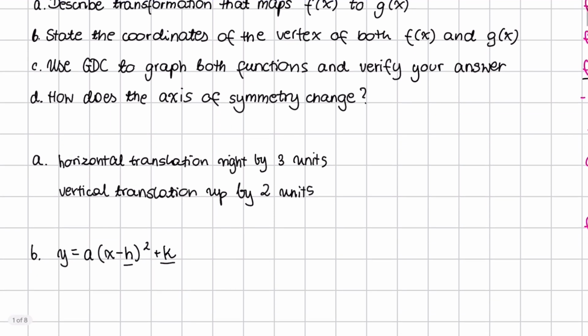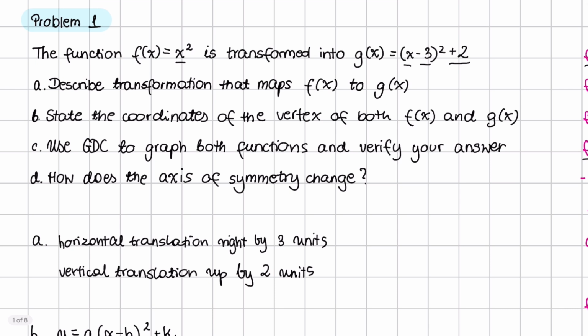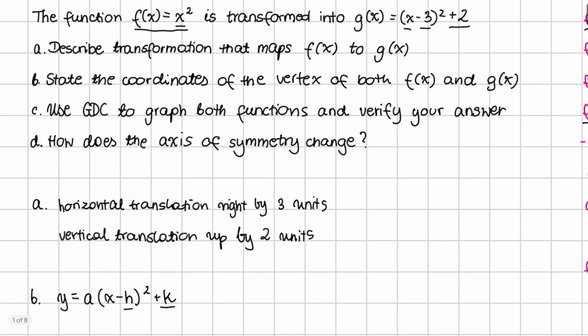vertex. And we can observe that in our function f, we don't have this vertex form, so it means that our vertex is 0, 0, because it's a simple parabola, and you can graph it on your GDC, and you can observe that vertex of this function is just 0, 0.